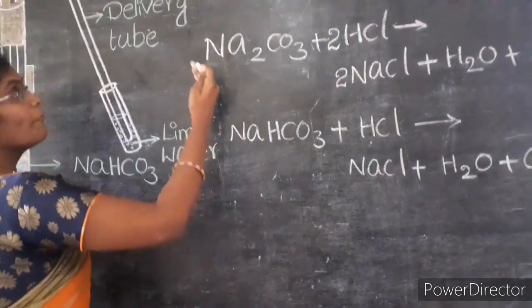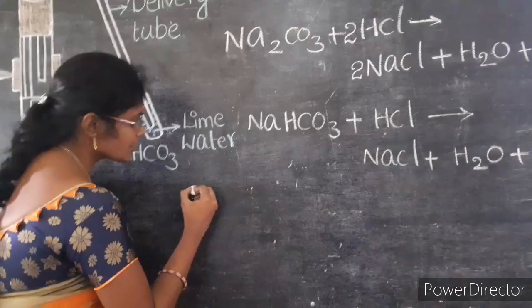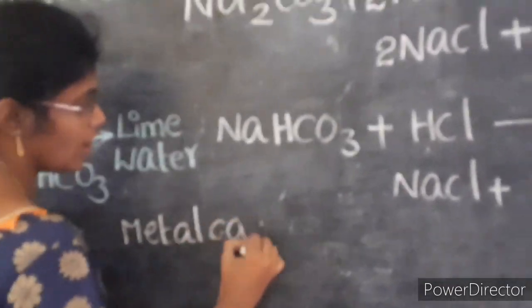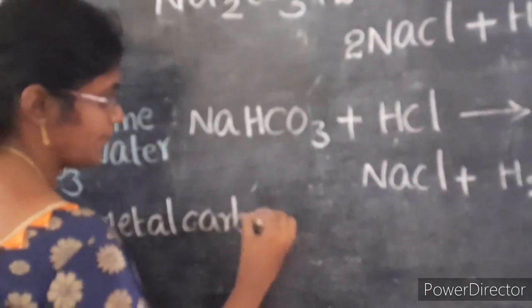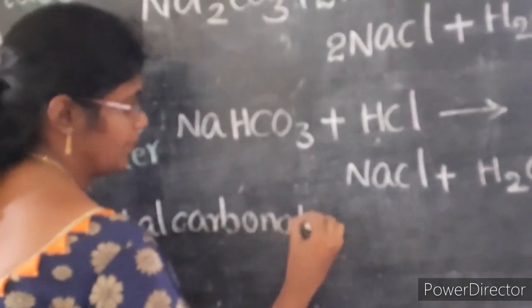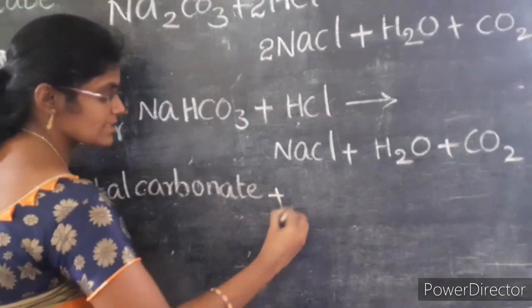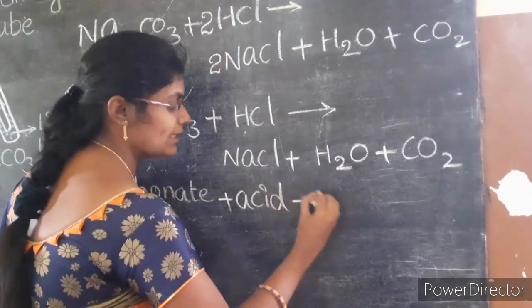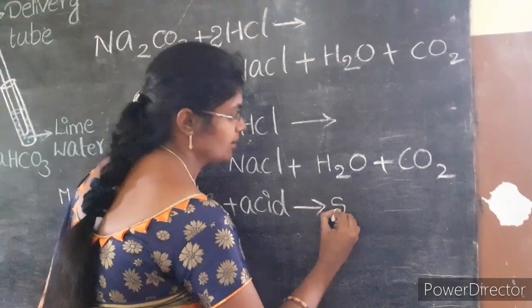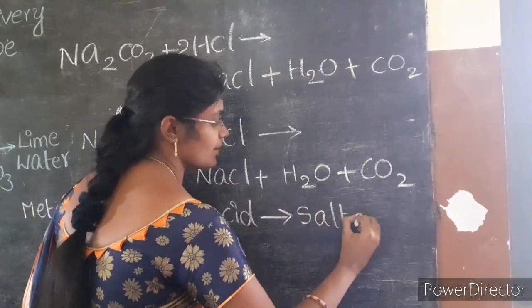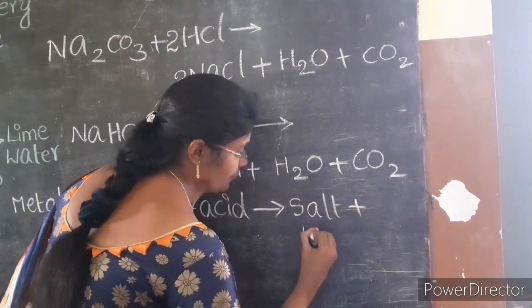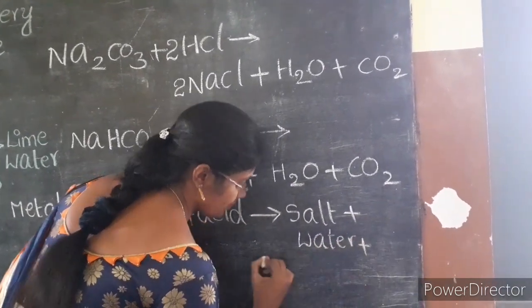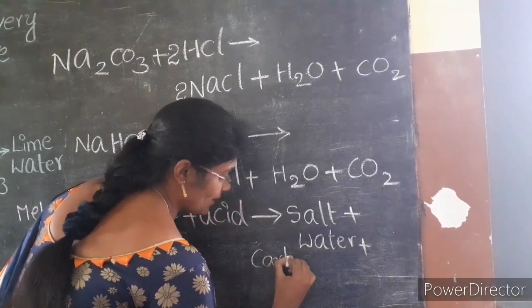In the case of metal carbonates: metal carbonate plus acid gives salt plus water plus carbon dioxide.